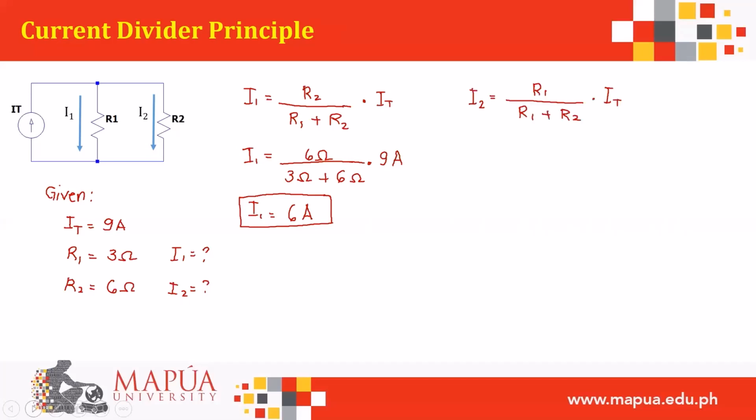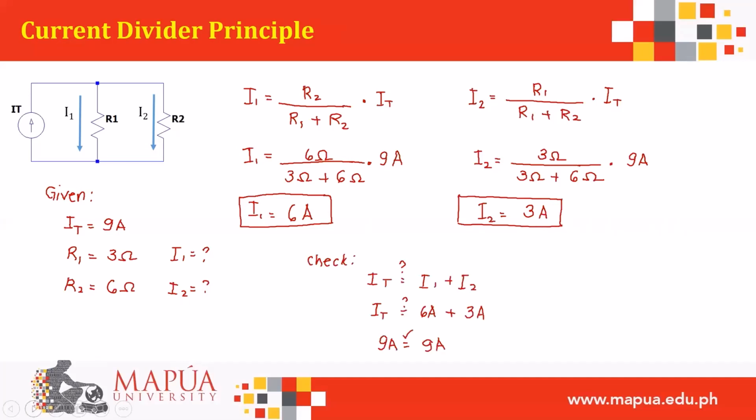Solving for I sub 2, we have R sub 1, the other resistor, over R sub 1 plus R sub 2, times the total current. So that's 3 over 3 plus 6 ohms times 9 amperes, leaving us with 3 amperes. To check, I sub t should be equal to I sub 1 plus I sub 2. So 6 plus 3, that's 9 amperes. So this is satisfied.